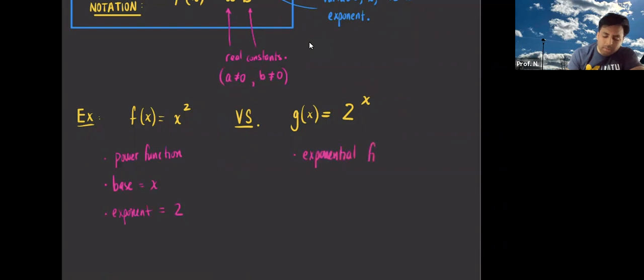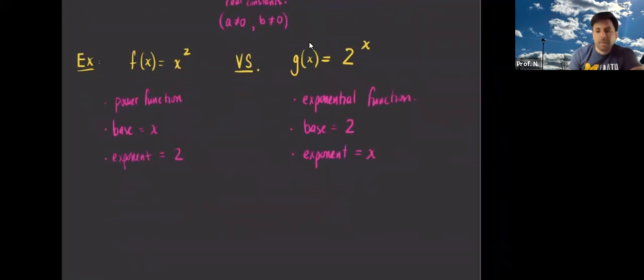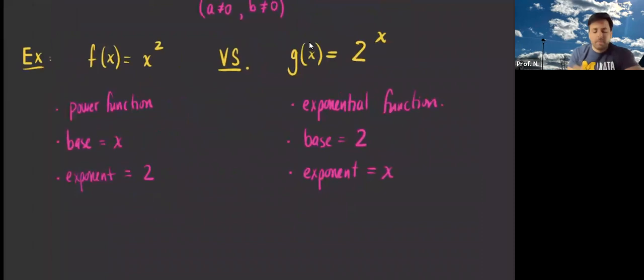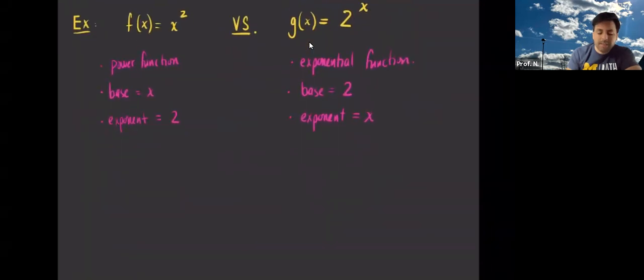Your base here is 2, and your exponent is x. See that? So now we're going to be dealing with these kinds of functions where the base is a number and the exponent is a variable.